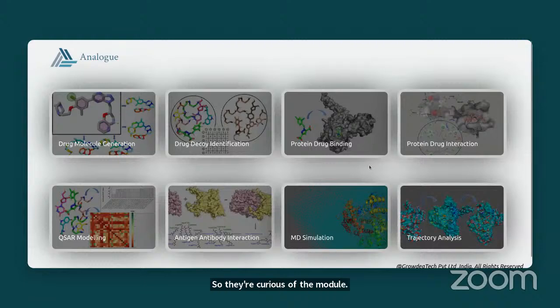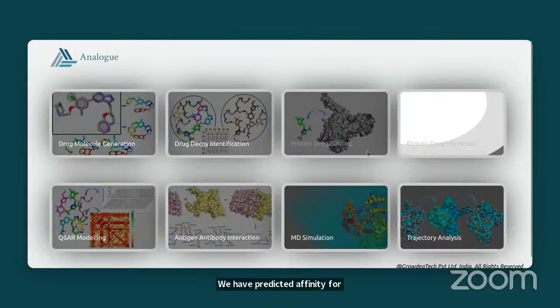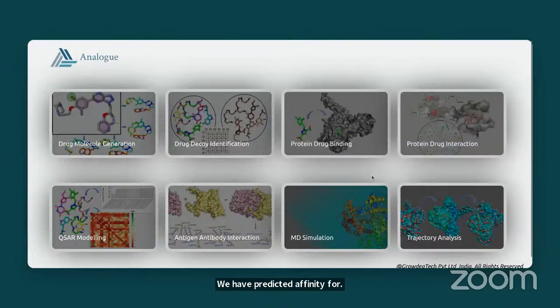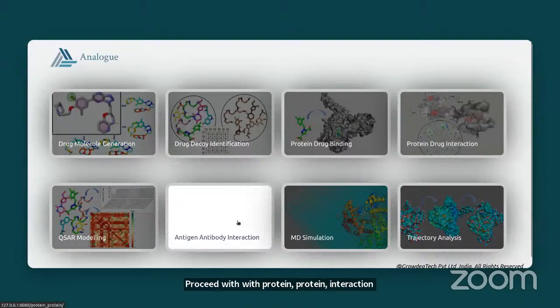Okay, so we have got a novel drug here. We have predicted affinity for the drug using these modules. Now let's say we don't have a drug molecule, but we want to proceed with protein protein interaction or antigen antibody interaction.